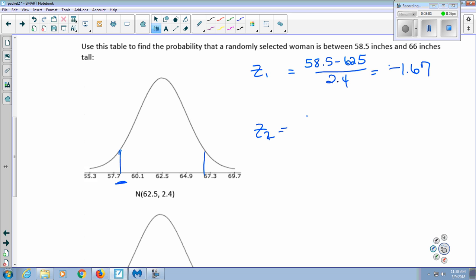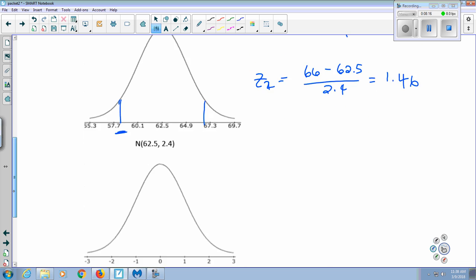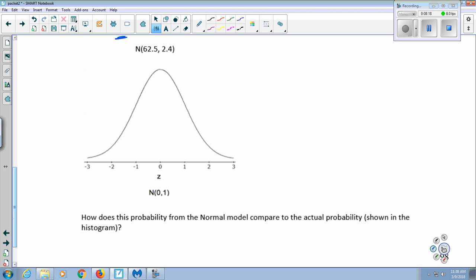This one I expect to be positive because I'm going to be greater than the mean. 1.46. So let's mark these on our standard normal. 1.46. That's going to be about there. And what was the other one? Was negative 1.67.